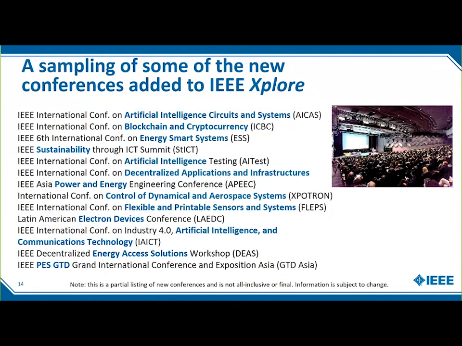And you can see they cover a wide range of technical interests, things such as blockchain, energy smart systems, artificial intelligence, electron devices, energy access solutions, and so on. So again, the conferences really cover a wide range of technical interests.